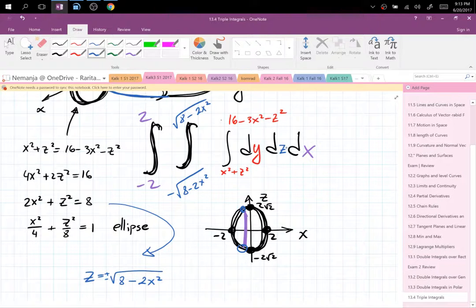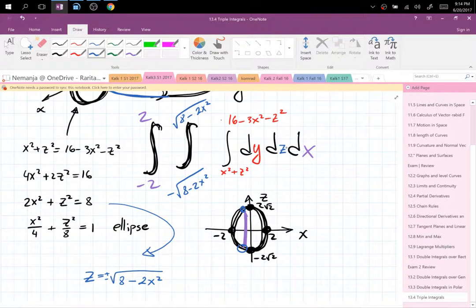Guys, that was an excellent question, and I hope you heard the question. The question was, why, for the blue one here, did we use negative 2 root 2 and positive 2 root 2? The answer is because it's an ellipse, it's not a box. If it was a rectangle, you would be using negative 2 and 2, and negative 2 root 2 and 2 root 2.